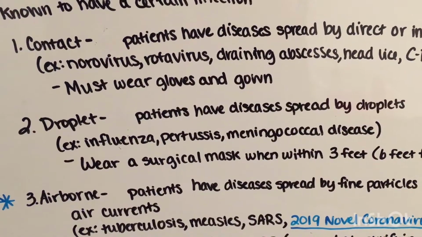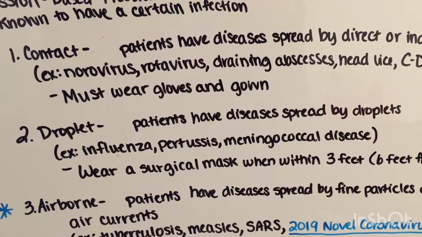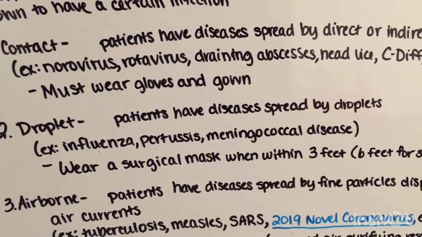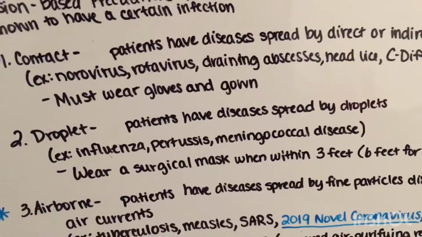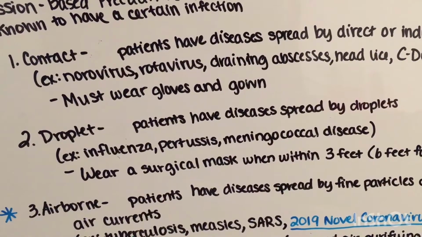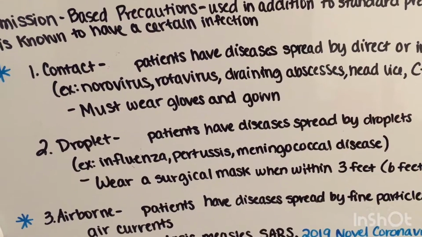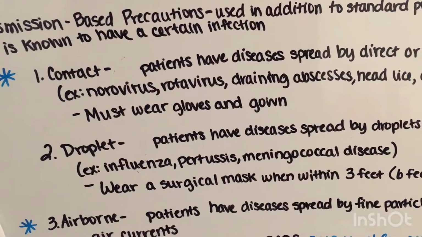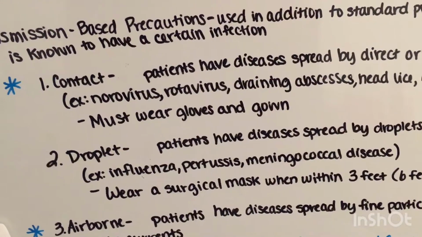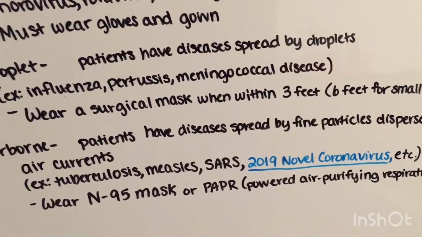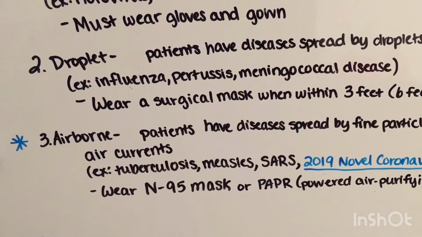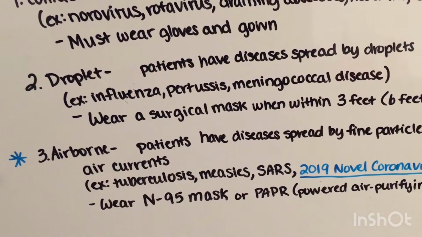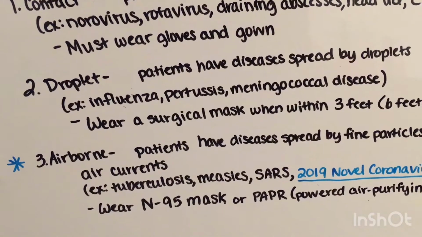For example, Ebola, you have to make sure that you don't touch any of the person's bodily fluids, because the bodily fluids are what have the virus in them. However, it did not become really bad all over the world because it wasn't able to spread very far. All of the diseases that I have listed here are pretty bad, but airborne is way, way, way more infectious and easily spread to other people.